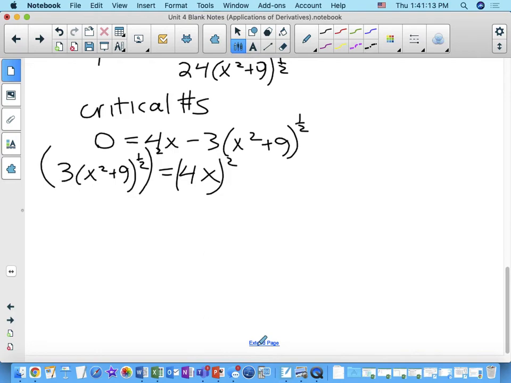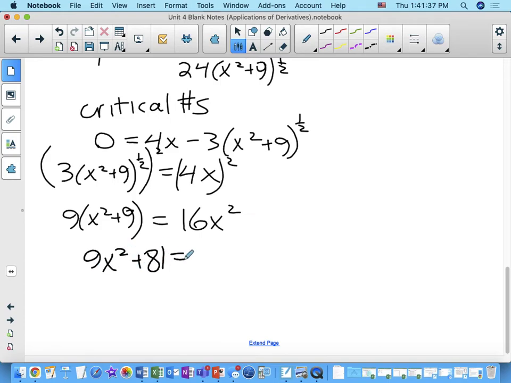And when we square it, well, the 3 isn't in the radical. So this is going to become 3 squared, which is 9 times x squared plus 9 equals 4x all squared, which is 16x squared. And that is going to give us 9x squared plus 81 equals 16x squared.